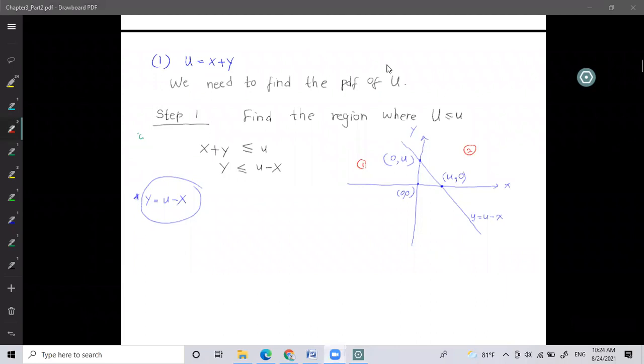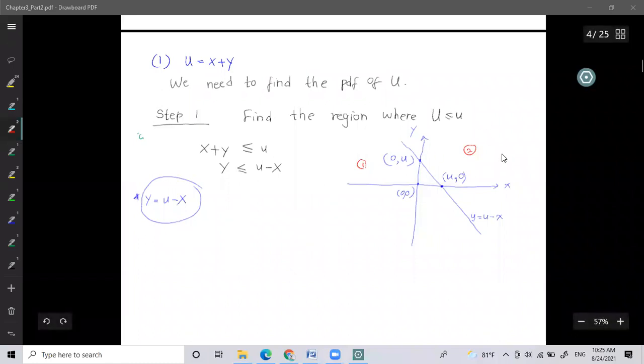Is that clear to all of you? How do you find it? You can substitute a point in region 1 and check whether the inequality is satisfied.